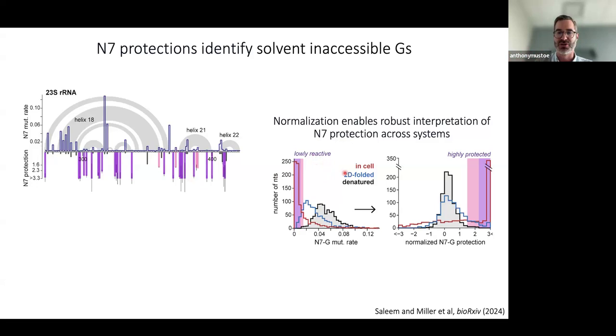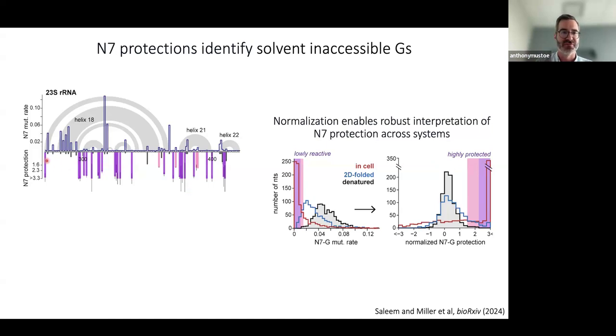But effectively, what we're doing is transforming this raw N7 data into a normalized protection score, where the lowly reactive positions now are highlighting these highly or significantly protected positions.